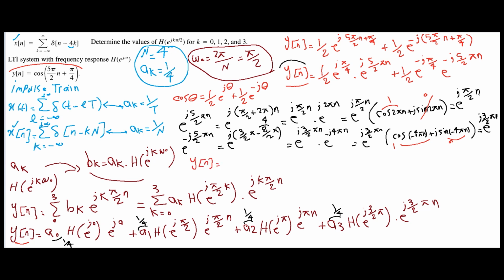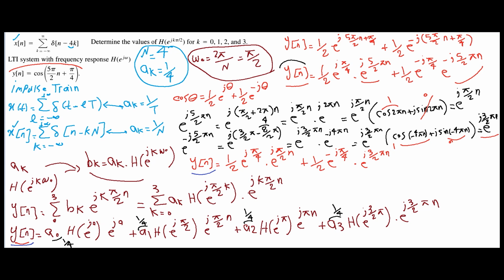Using these simplifications, the output signal becomes 1/2 e^{jπ/4} multiplied by e^{jπn/2} plus 1/2 e^{-jπ/4} multiplied by e^{j3πn/2}. Now compare this expression with the Fourier series expansion we obtained earlier.